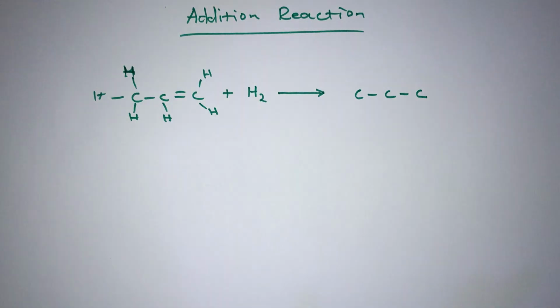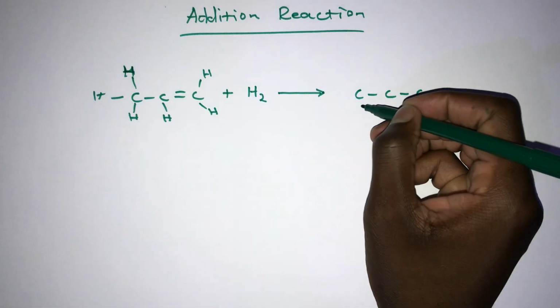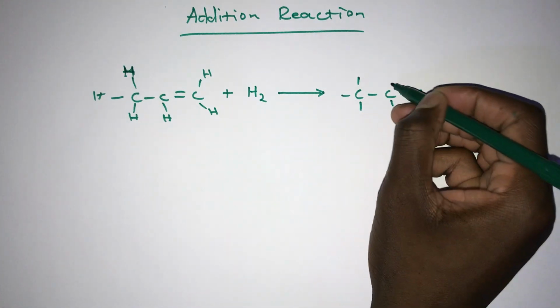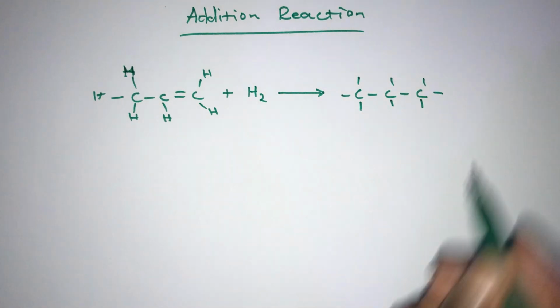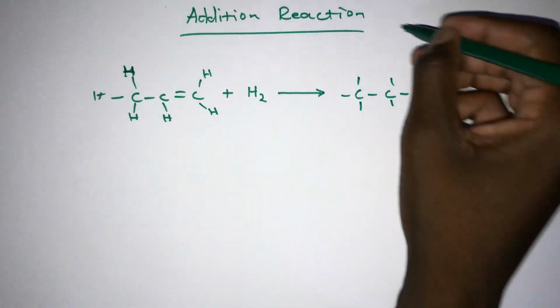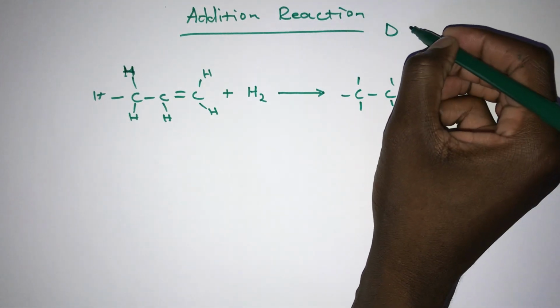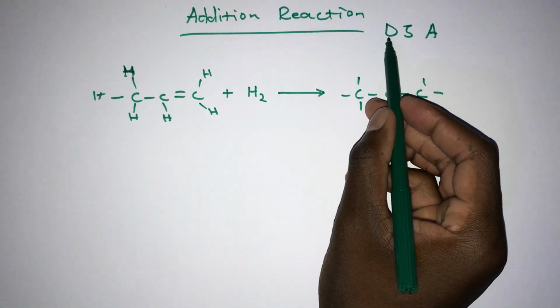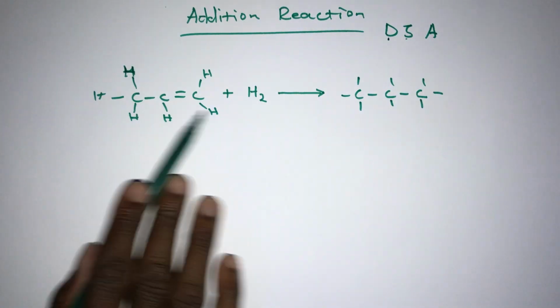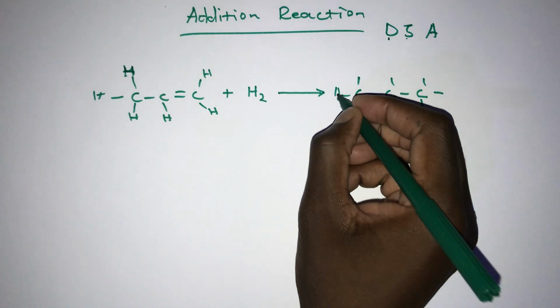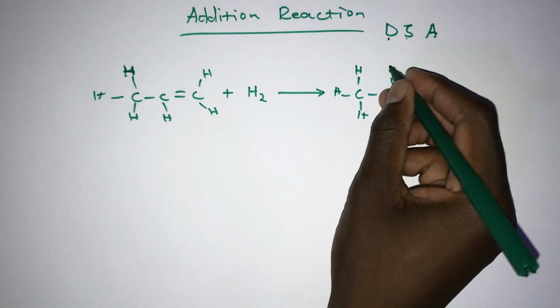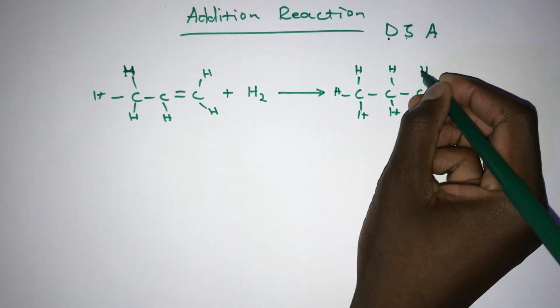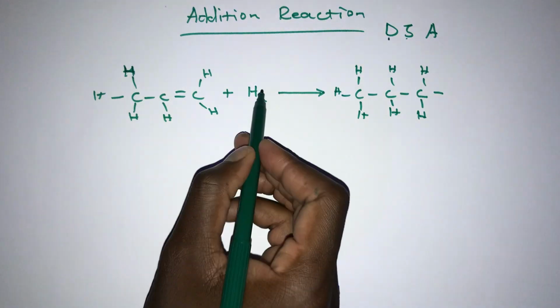When we break the double bond, remember, a carbon atom must have 4 bonds around it. So now we're going to have single bonds. Remember, addition reaction is from double to single. So that means it's addition reaction. We're having all the hydrogens because we're adding H2.